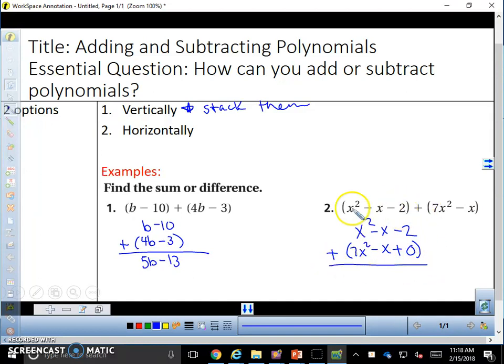There we go. So now we're ready to do that. x squared plus 7x squared is 8x squared. Negative x plus negative x is negative 2x. Negative 2 plus 0 is negative 2. Okay, that's the vertical method. The horizontal method is where you just look across the line and do that.